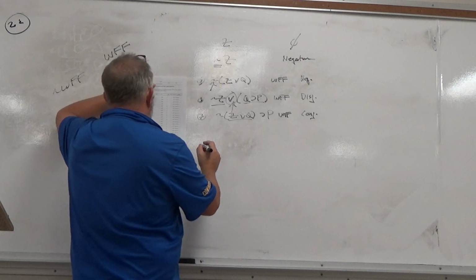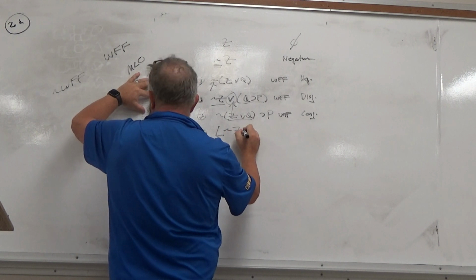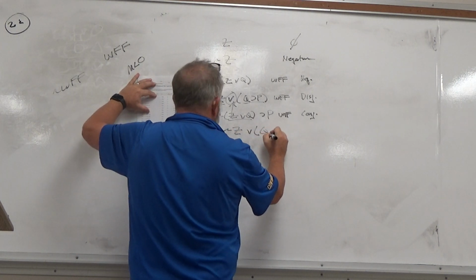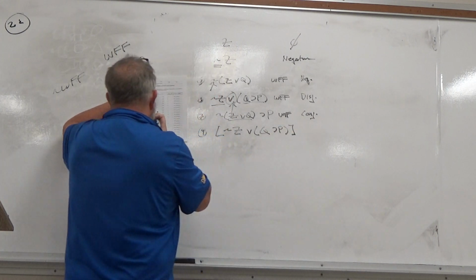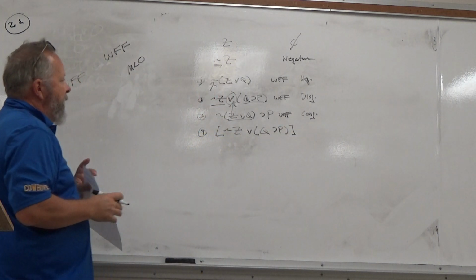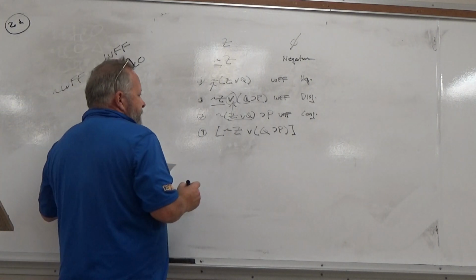Okay. Number 9. I have bracket, not z, or q, then p, all in brackets. All right. Do I know the order of operations here?